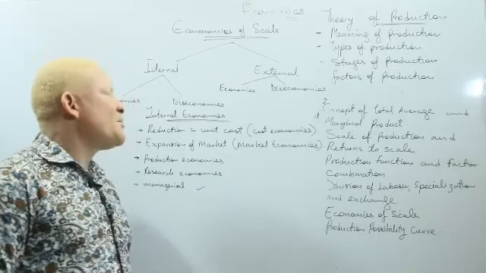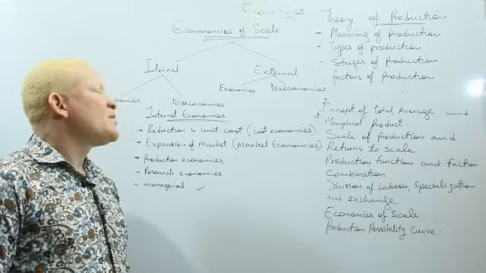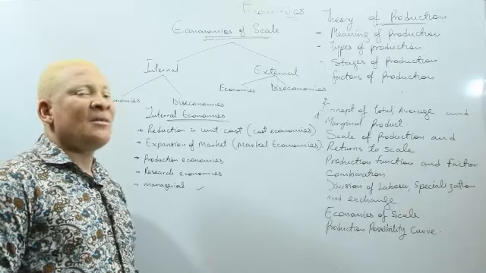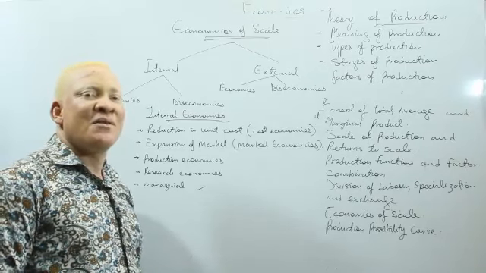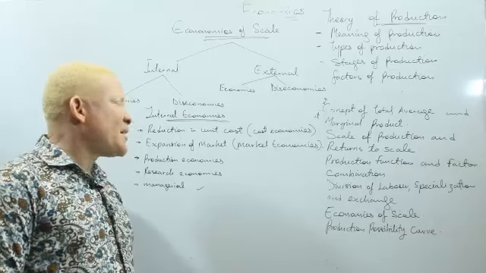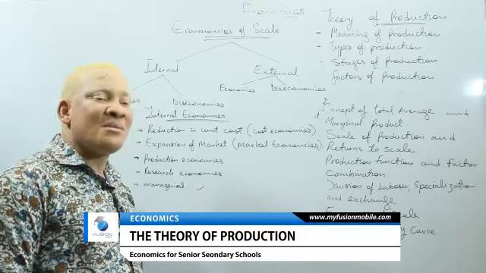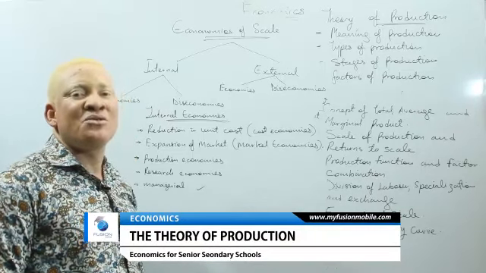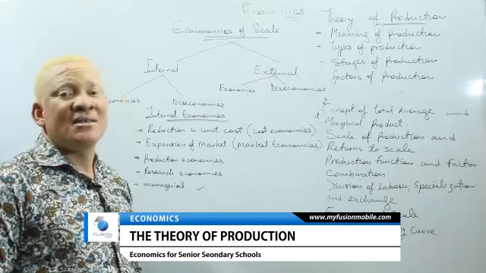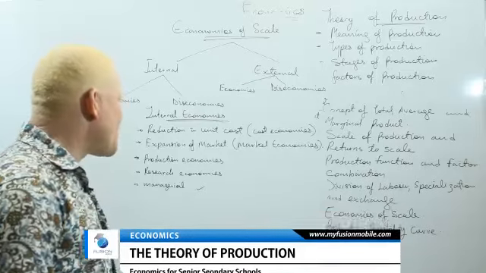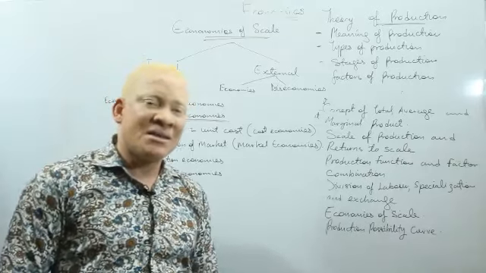For cost economies, we are talking about the firm being able to get prices to come down as a result of an increase in the volume of output. Expansion of market means the firm is able to reach out to more consumers than on the smaller scale. Production economies means that because you are producing on a large scale, you should be able to have specializations.